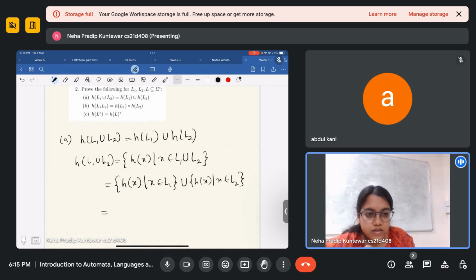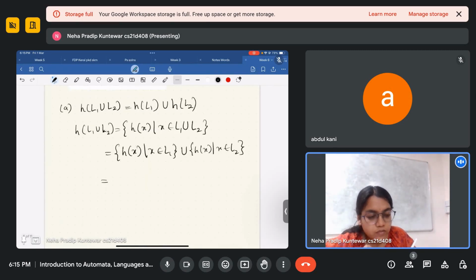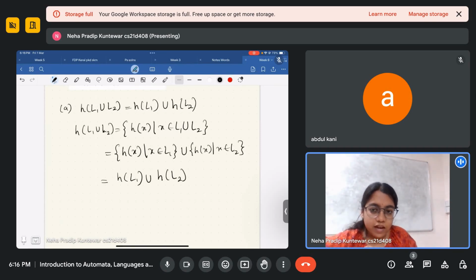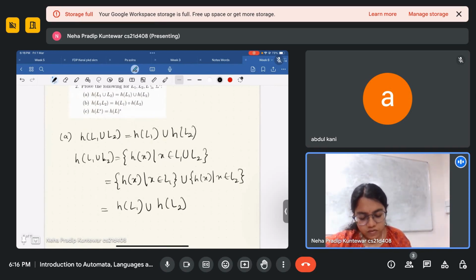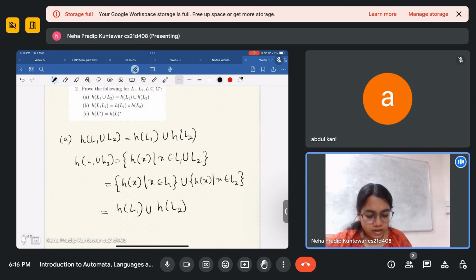If you look at the set on the left hand side, this is the definition of H of L1. Similarly, the set on the right hand side is the definition of H of L2. Because how is H of L defined? You look at every string in L and you simply apply the operation H on every string, and the resultant set is H of L. So that is exactly what is written here. That basically proves the first part.